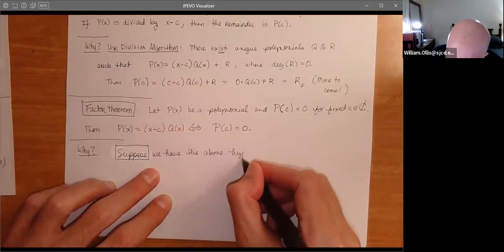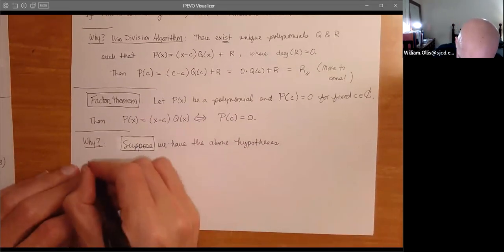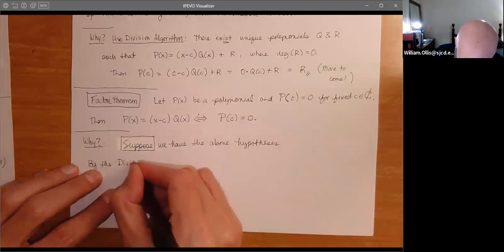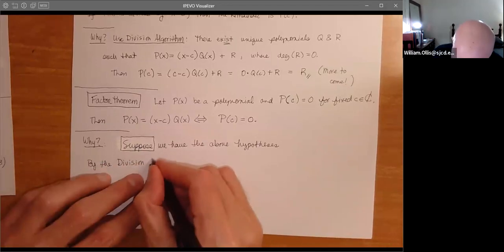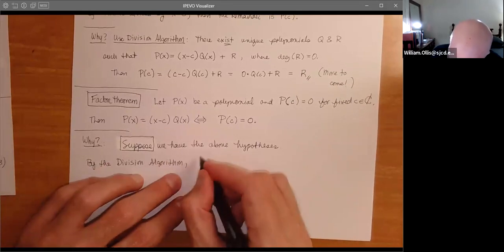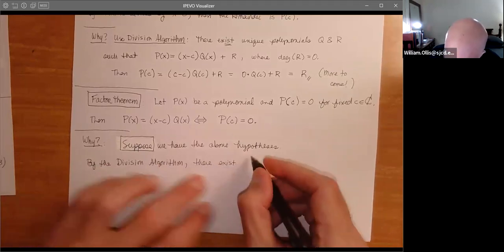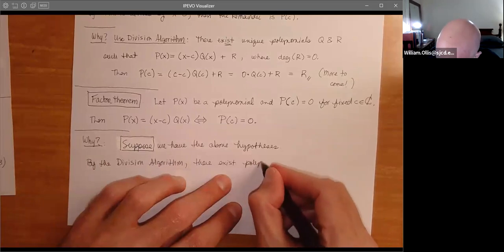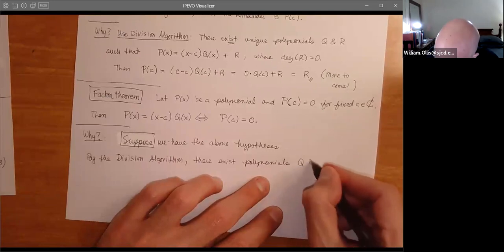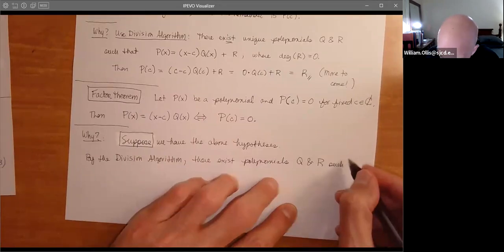Let me state it this way, so it clues you into things. By the division algorithm, there exist, same thing, polynomials Q and R, just like what we did up here, Q and R, such that, and they're actually unique.